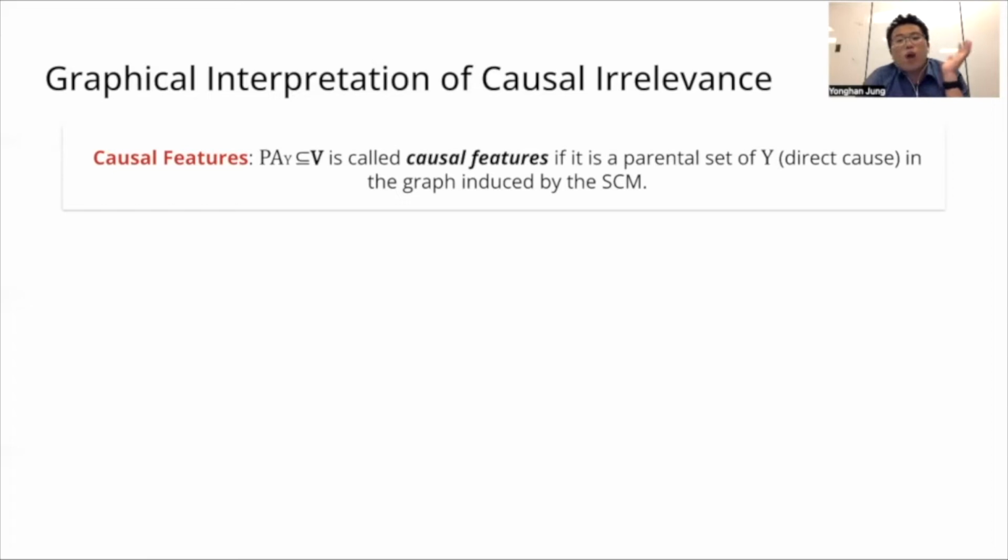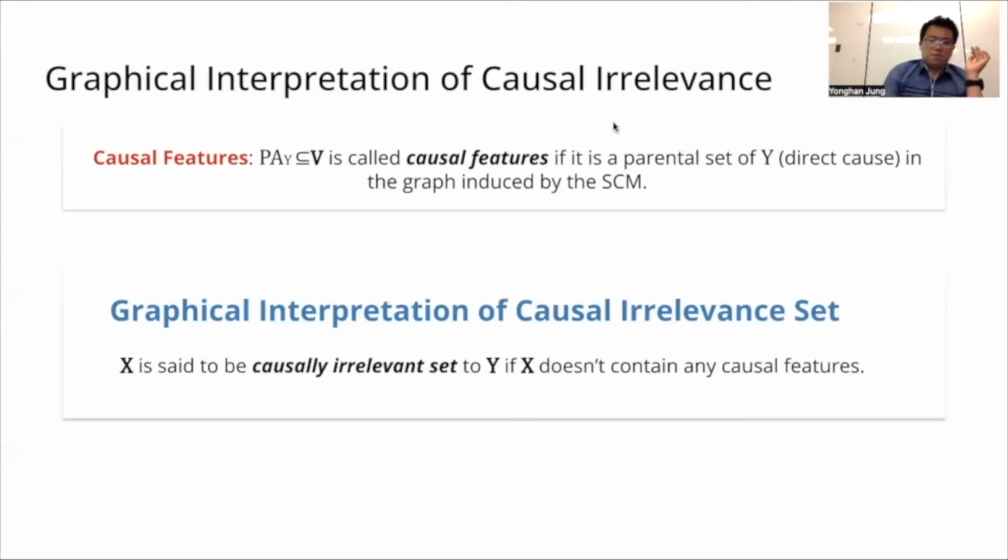For the true label Y, we say PA(Y), an abbreviation of parents of Y, is called the causal feature, as it's the parental set in the graph, or direct causes. One graphical interpretation is that a set of variables is a causally irrelevant set if it does not contain any variable in the causal features.